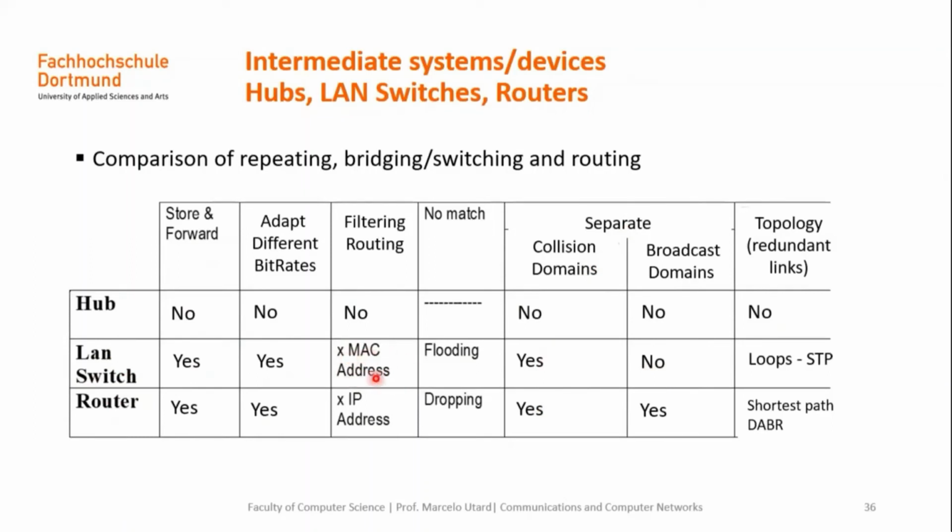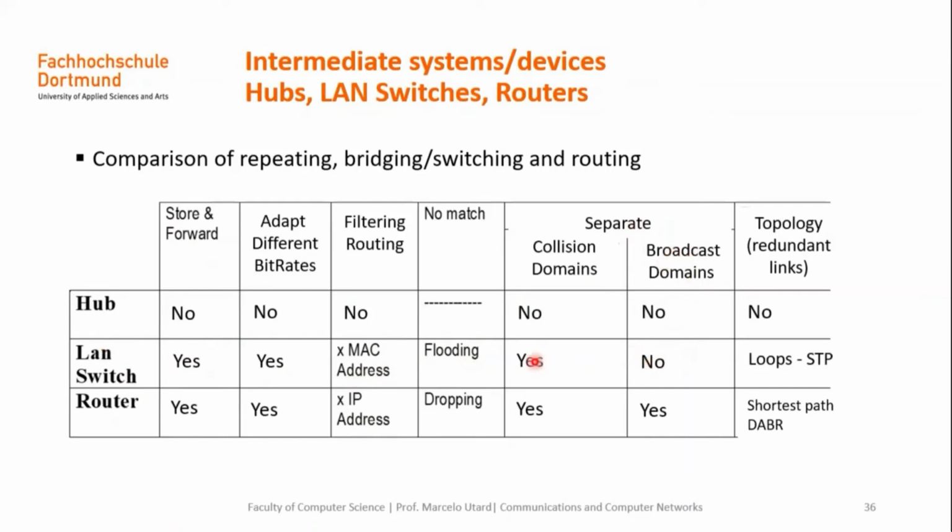But for instance, if a MAC frame is destined to an unknown MAC address or is destined to a broadcast address, the LAN switch will flood the network. That is, it will forward that frame over all other ports of the broadcast domain. That's why the LAN switch doesn't separate the broadcast domain.